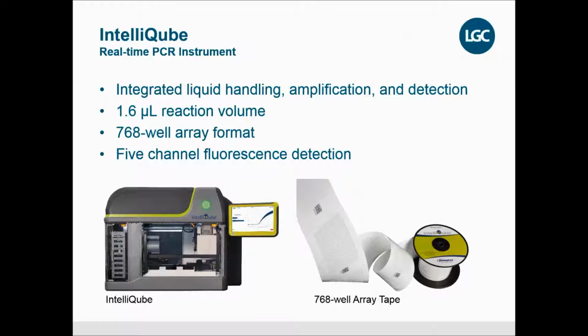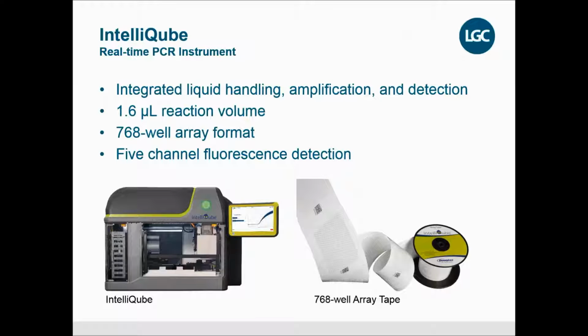So now I'd like to introduce the platform for which this work was done. And this is the IntelliQube real-time PCR instrument. This system is integrated liquid handling, amplification, and detection all in one unit, and is the latest development of the array tape automation.